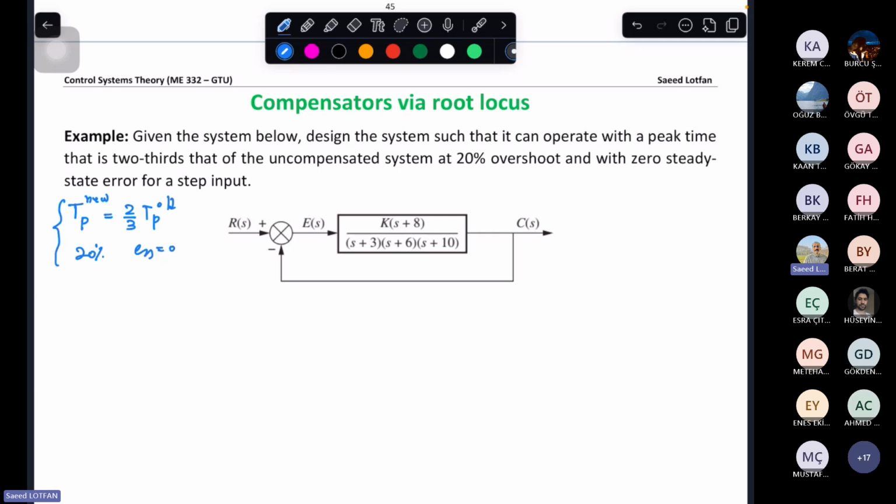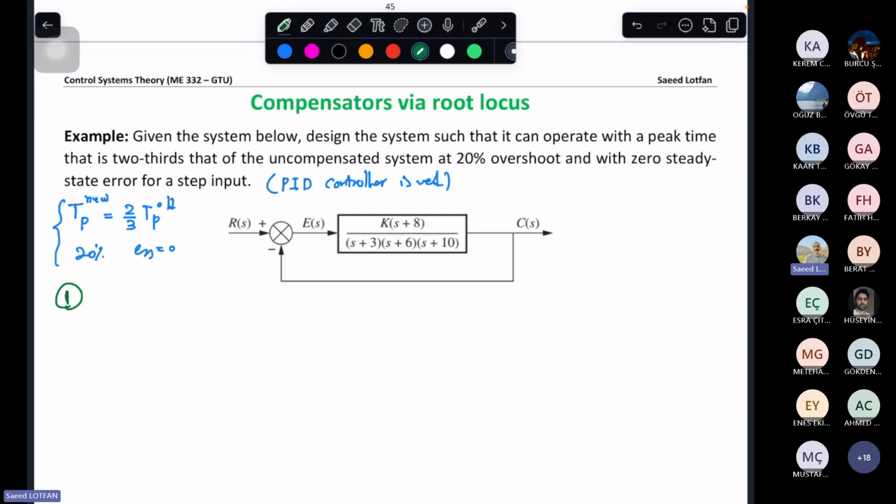So I'm using a PID controller. First, I have to understand the uncompensated system. So step one, I'm showing the steps here.